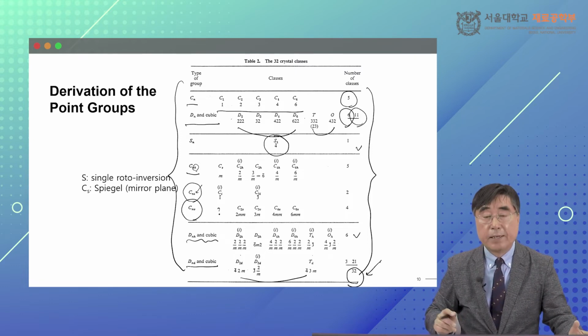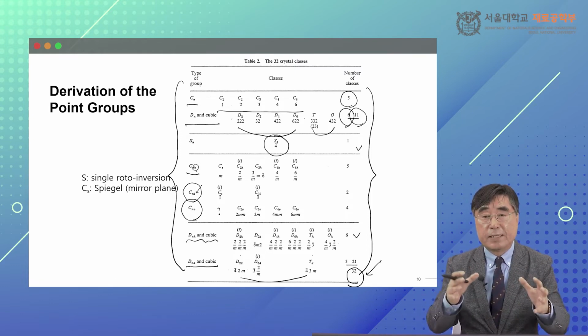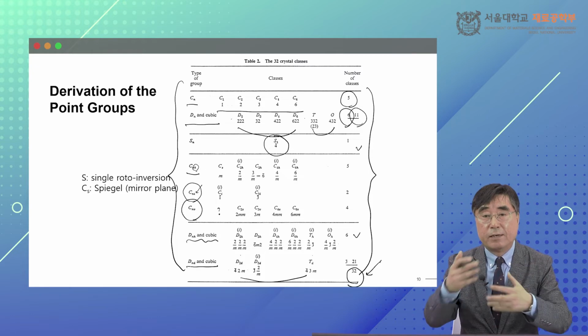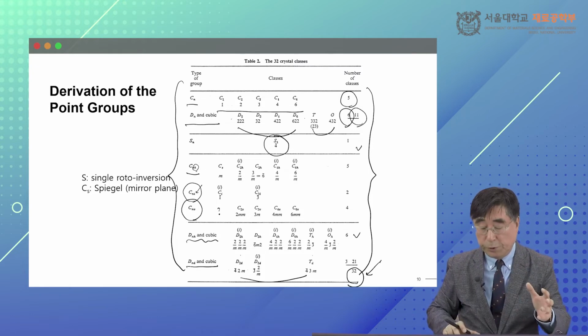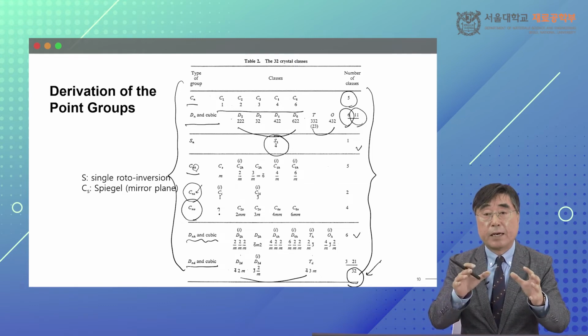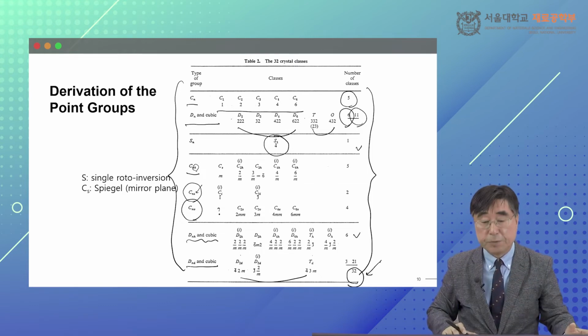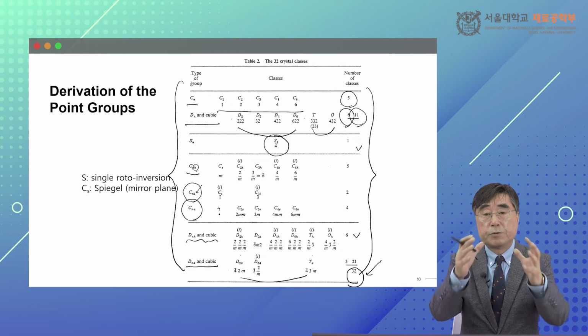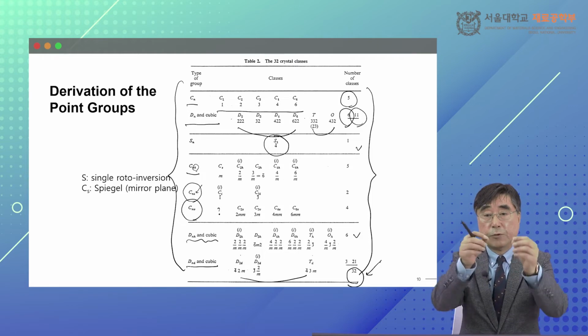Okay, so this lecture is basically the graphical illustration of how we derive these 32 point groups one by one. So I will draw a lot of these point group symmetries. Because in this point group symmetry there is a lattice point in the center of the symmetry operation, and we generate poles along these lattice points.